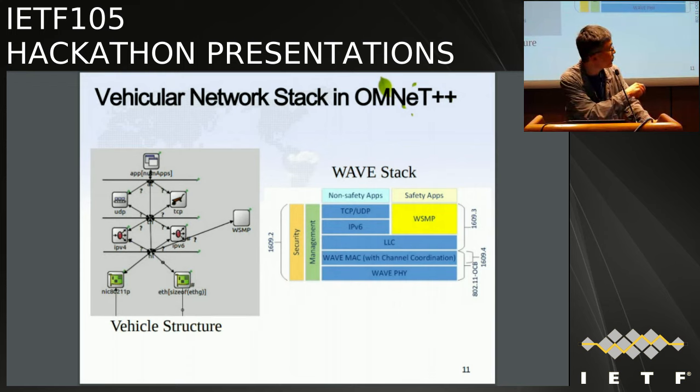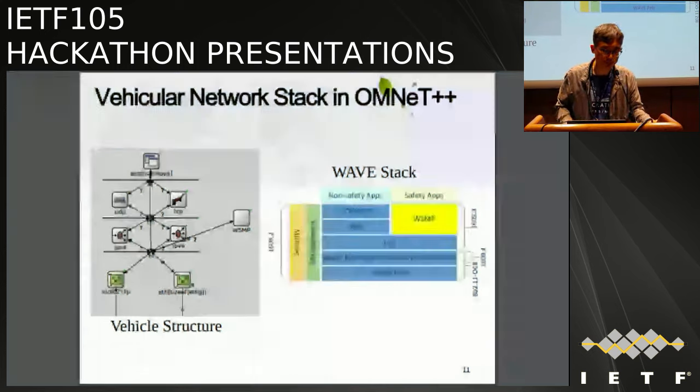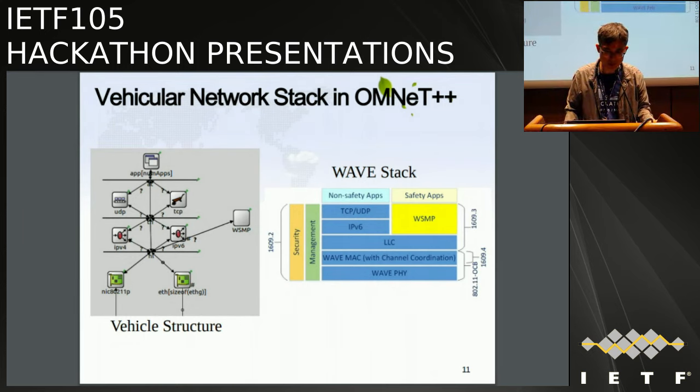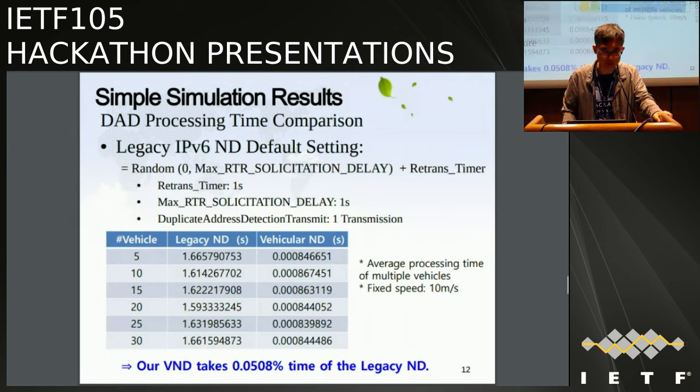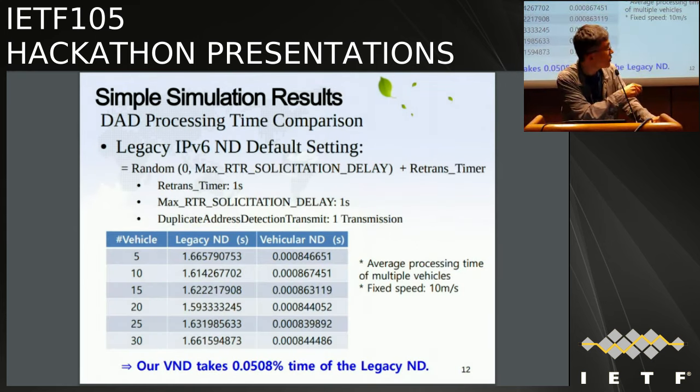On the left-hand side you can see the WAVE protocol stack. This is IP. This is the WAVE short message protocol for safety. We implemented the logical link layer and IP version 6 over 802.11, and also neighbor discovery. The simulation result is that our neighbor discovery can reduce the delay compared to the legacy neighbor discovery.